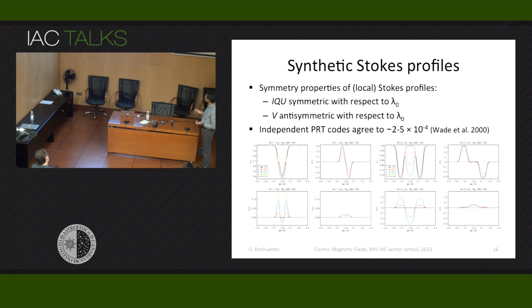The angles are 0, 30, 60, and 90 degrees with respect to the line of sight, and I'm rotating the field vector in the plane perpendicular to the line of sight. So all these profiles correspond to a reference direction coinciding with the positive Q direction. The two groups of panels here correspond to the situation of a relatively weak field, 1 kilogauss, and a quite strong field of 5 kilogauss. So you can see that the splitting is increasing.